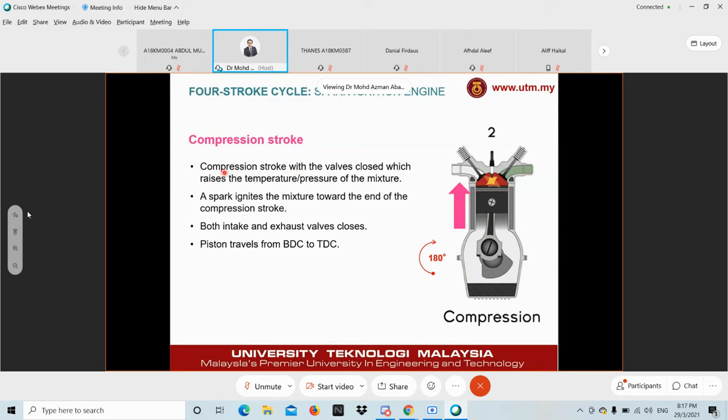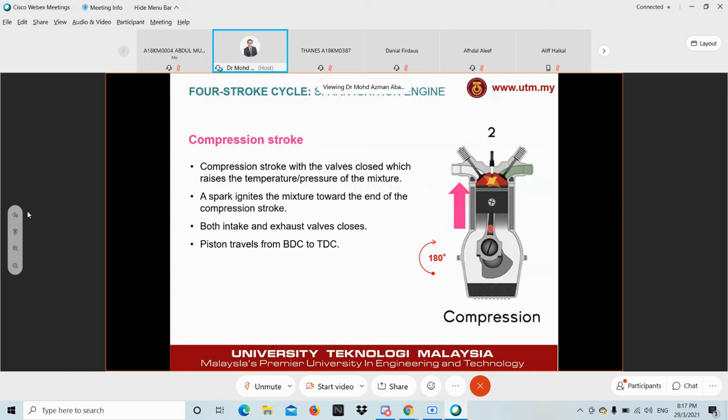The valves need to be closed, because otherwise you won't have the compression, which raises both the pressure and the temperature of the mixture.